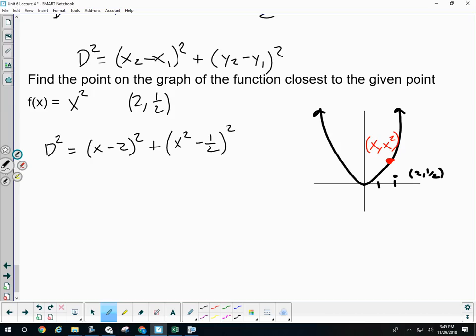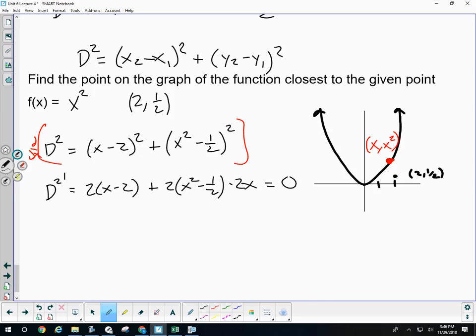Well, instead of foiling everything out, I'm going to just take the derivative using the chain rule. See if it looks nicer. Let's see. I can make this work.